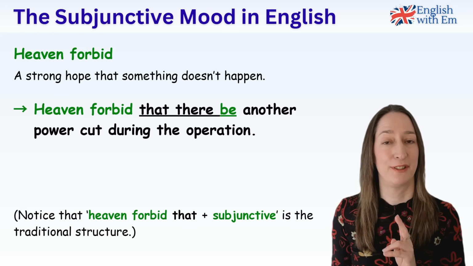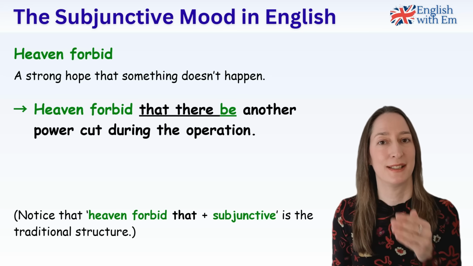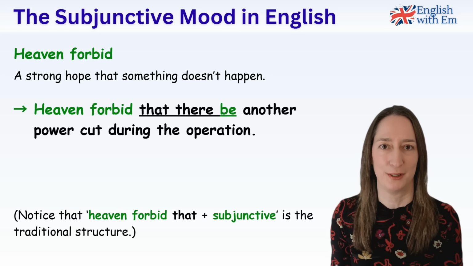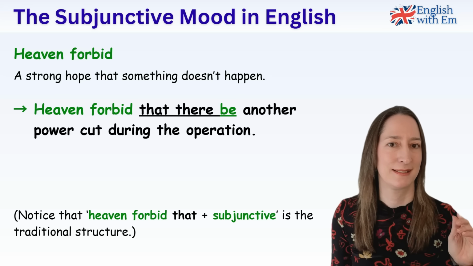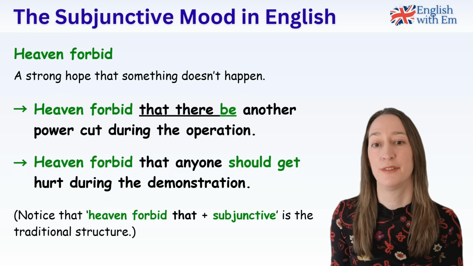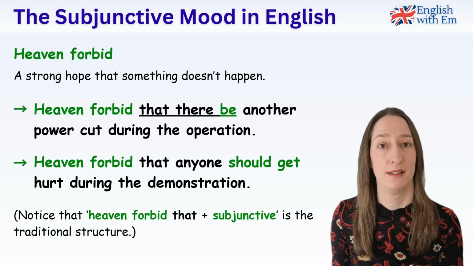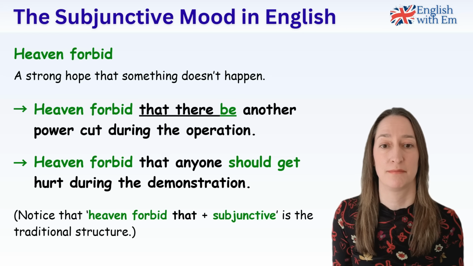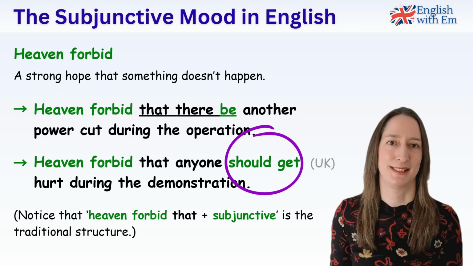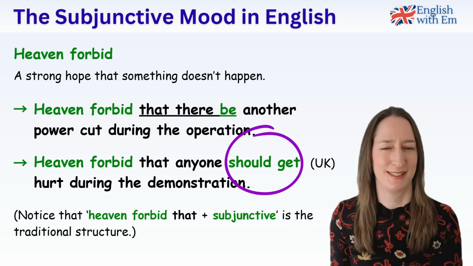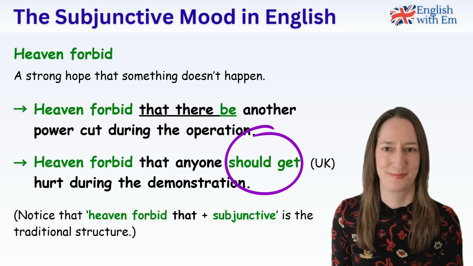So heaven forbid is subjunctive, and then it's also traditionally followed by the subjunctive mood, that there be. Heaven forbid that anyone should get hurt during the demonstration. So here we have should. So this is a sort of British version, also very common.